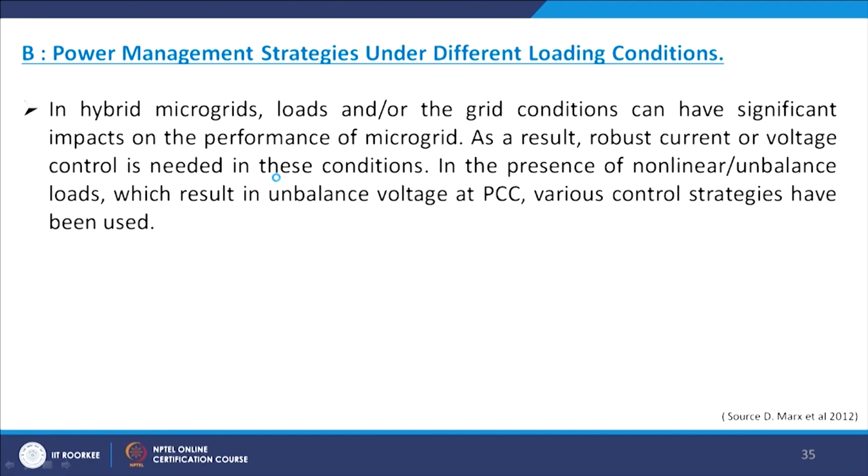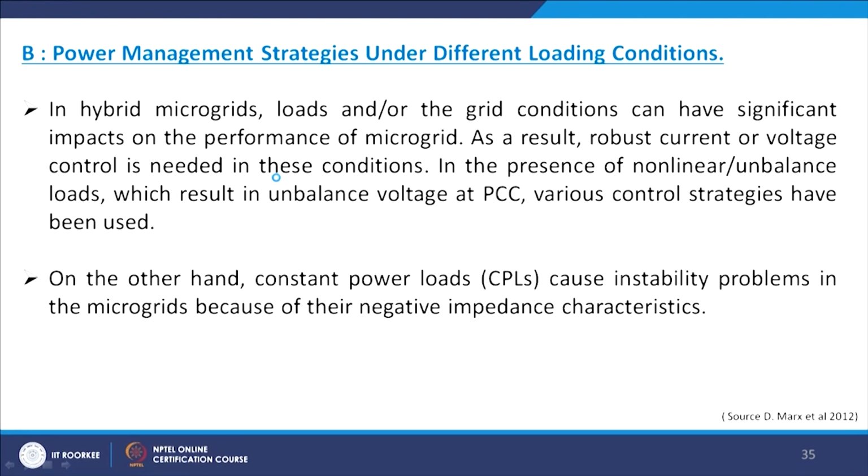As a result, robust current or voltage control is needed in these conditions in the presence of non-linear unbalanced load, which results in unbalanced voltage at my point of common coupling. Various control strategies have been used.